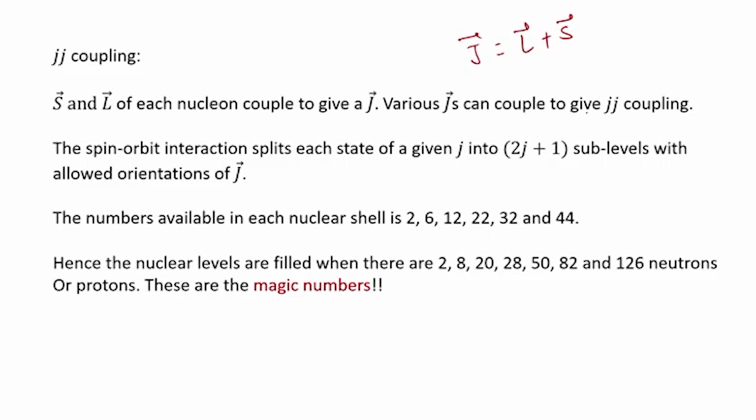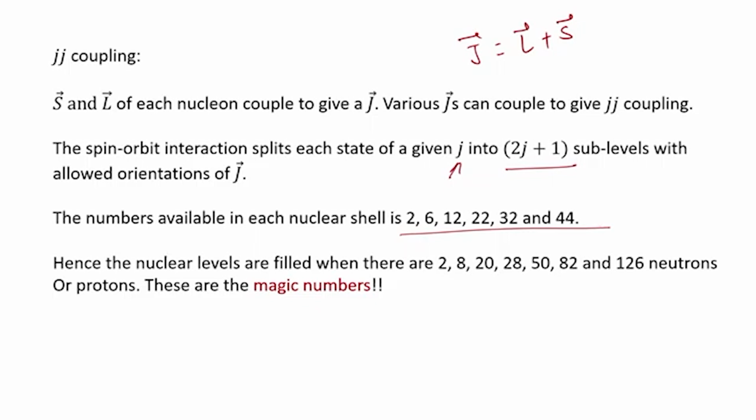The various J's can couple to give the JJ coupling, and the spin orbit interaction splits each state for a given value of J into 2J plus 1 sublevels, with allowed orientations of this J vector. If you carefully do all these calculations, the numbers available in each of the nuclear shells are 2, 6, 12, 22, 32 and 44.